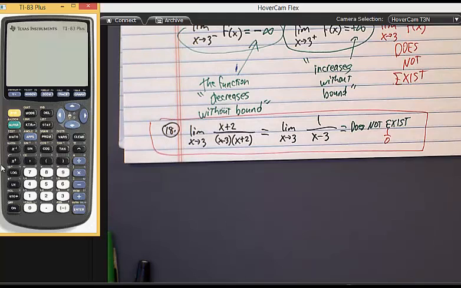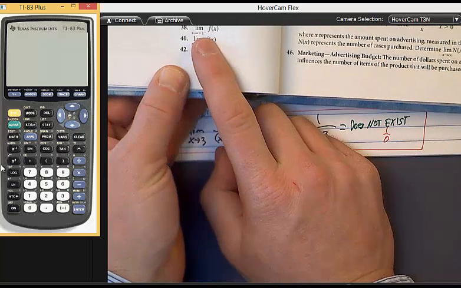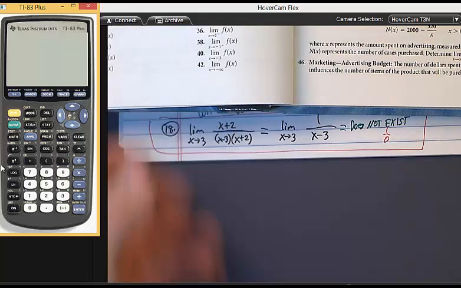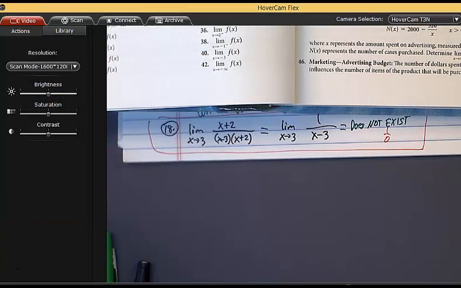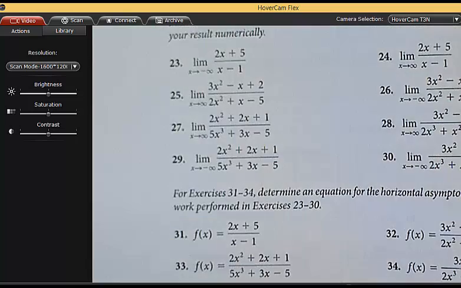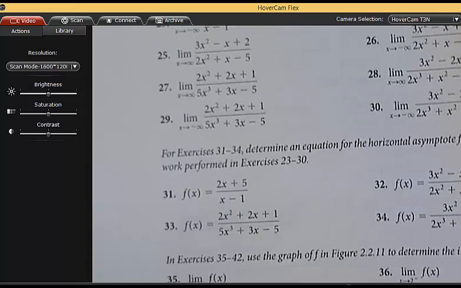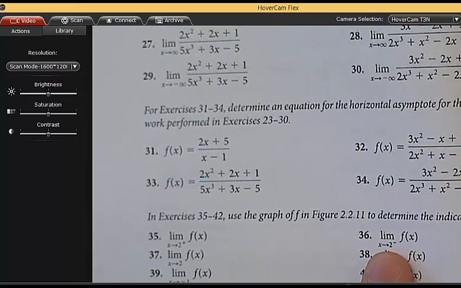There was one other one from this homework, 36, I wanted to mention something about. It says use the graph to figure out the limit. It says limit as x approaches 2 from the negative side.